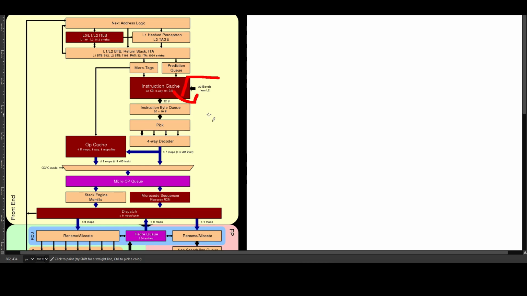But if we have two instructions right one after the other, and the second one depends on the output of the first one, we're going to have a problem because we're going to have to wait many cycles for the first instruction to complete.